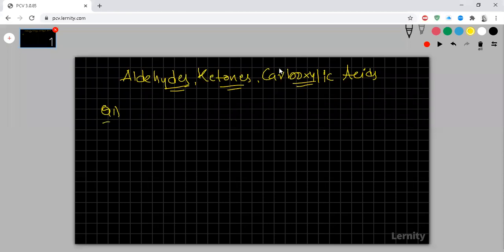So question number one: rate of nucleophilic addition.